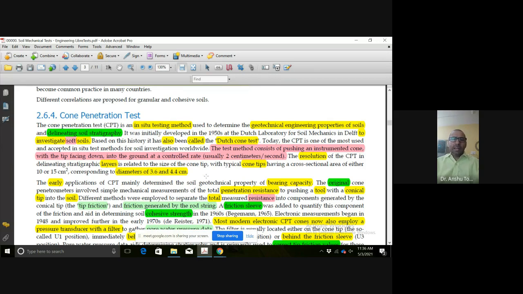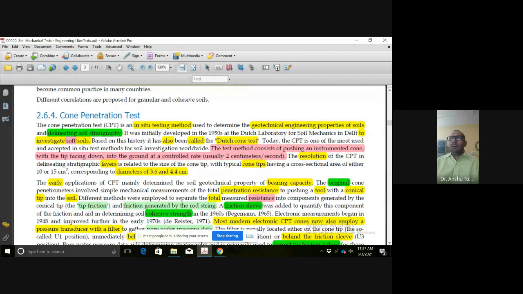The reason is that the cone is being pushed into the soil strata to a certain length from the ground surface. It is not being hammered. So it can be assumed to be static because the rate at which the cone goes inside the ground is very slow.